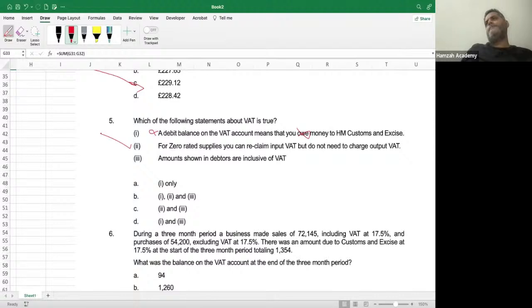For example, anything that you make for the benefit of humanity, like wheelchairs, sticks or walkers, which old people or people with a disability walk with. Such items that you make are going to be classified as zero rated supplies, and normally the tax is not charged on them, right?